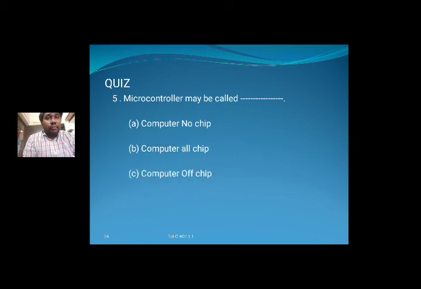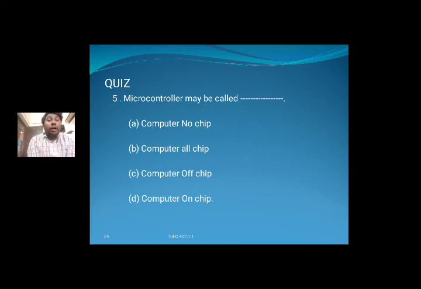Next question. The microcontroller may be called. Option A, computer no chip. Option B, computer all chip. Option C, computer off chip.